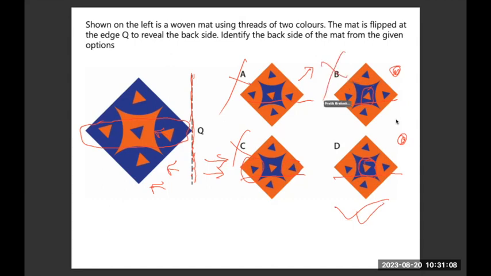In option D, the orientation becomes like this, towards this side. Also, all the three triangles, 1, 2, and 3, are oriented in the same direction. Option D is the only one where all the three are oriented in the same direction. Option A may be similar here, but the orientation is wrong.